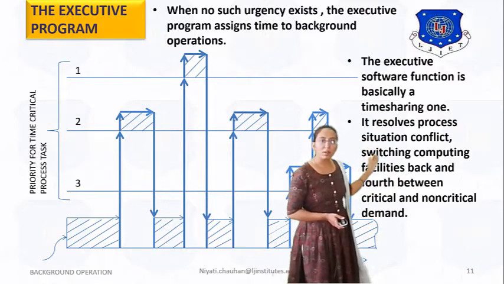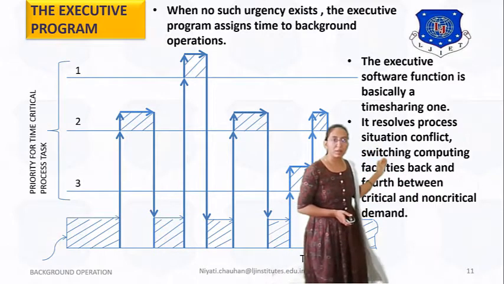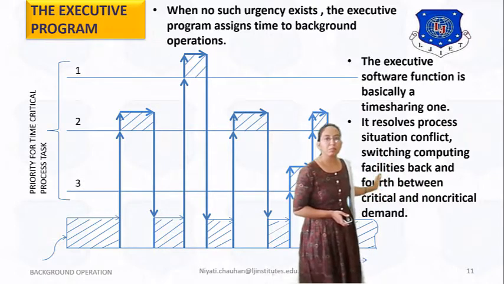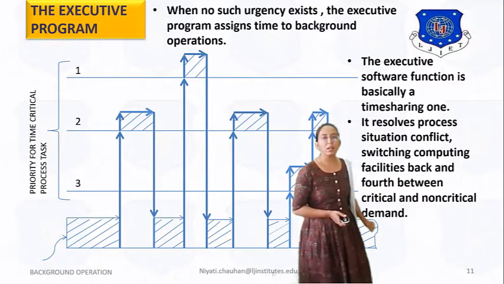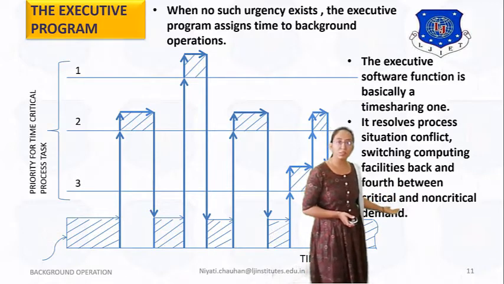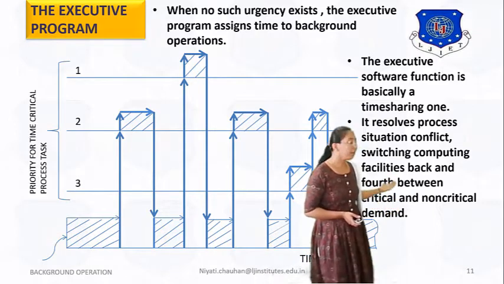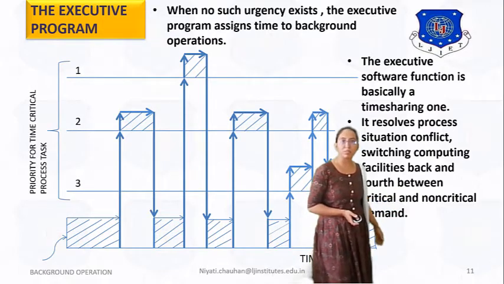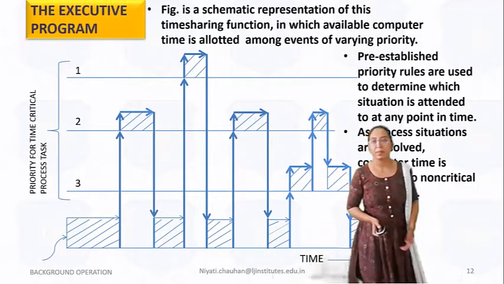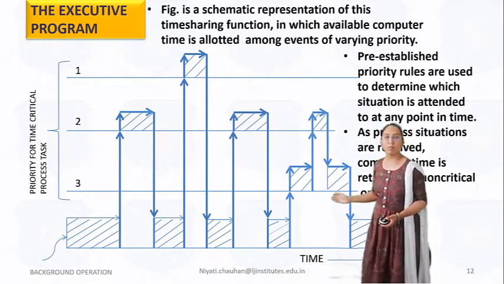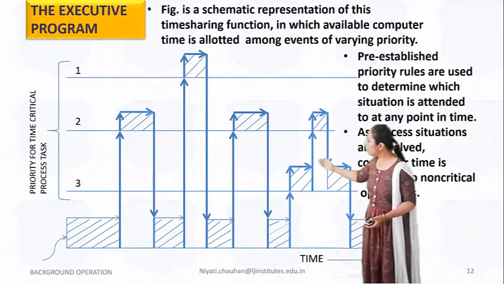It resolves process situation conflicts by switching computing facilities back and forth between critical and non-critical demands. So here we can resolve process situations according to the requirement, critical or non-critical. The figure is a schematic presentation of this time sharing function.